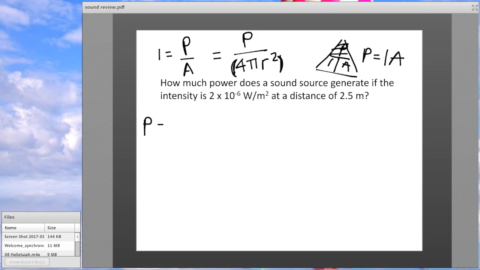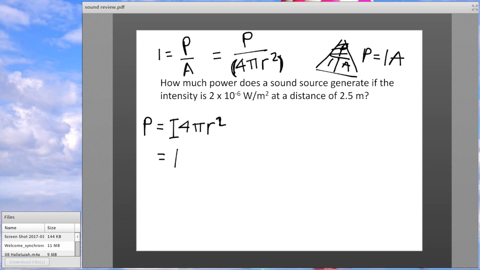Okay, so my power is going to be I times 4 pi r squared.